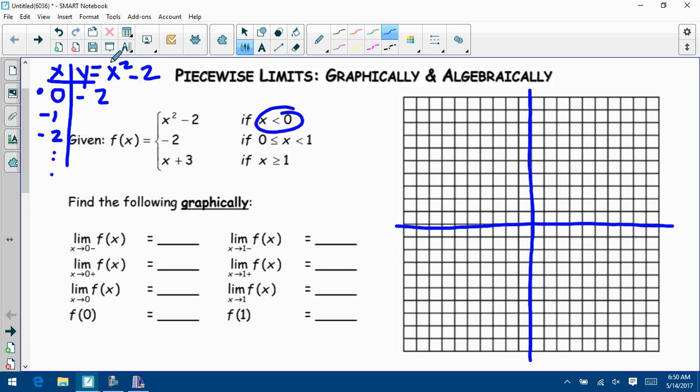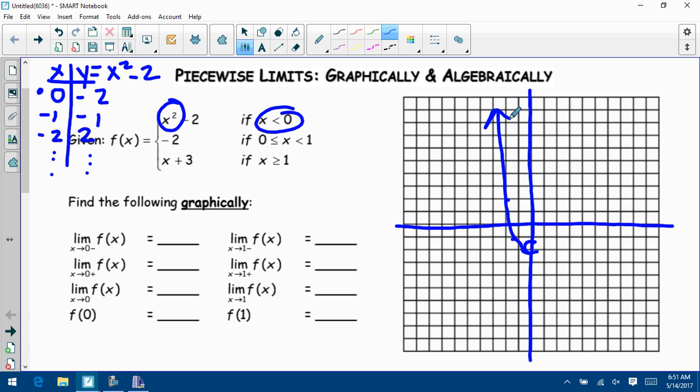And 1 minus 2 is -1. If I plug in -2, -2 squared is 4. 4 minus 2 is 2. And we know the shape is going to be, since it's an x squared, it's going to be a parabola. Okay, so 0, -2. And again, it has to be an open circle. And then -1, -1, -2, 2. It's going to look something like this.